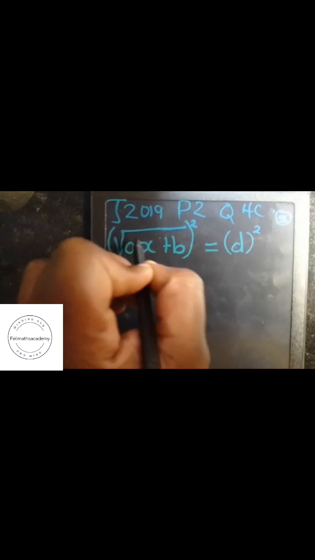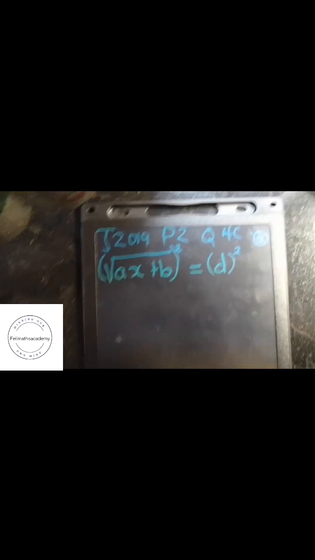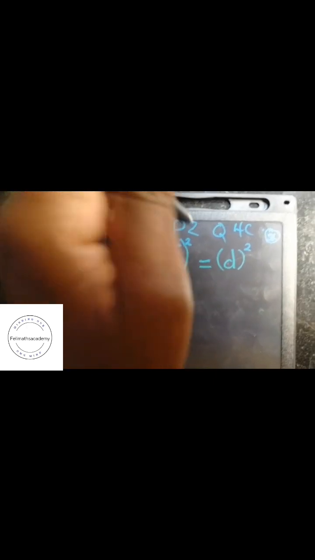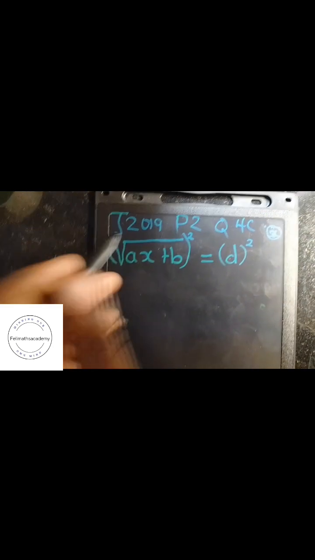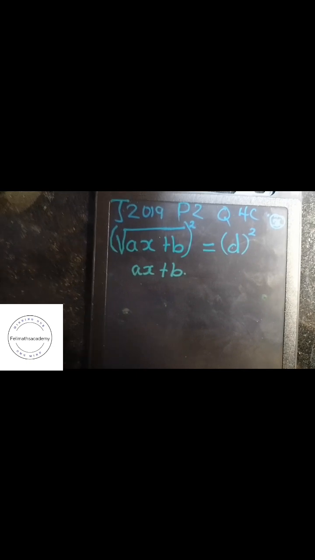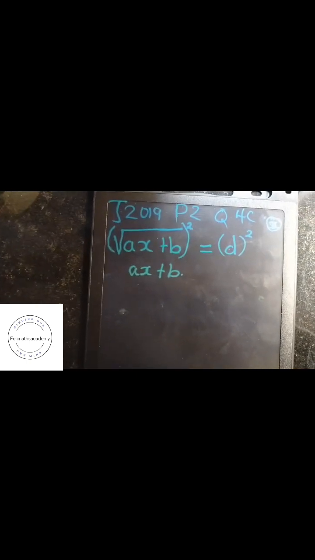The opposite of a square root is squared, so we square both sides. So the square root of this squared, we get ax plus b. Let's say you have the square root of 25, then you square it. The square root of 25 is 5.